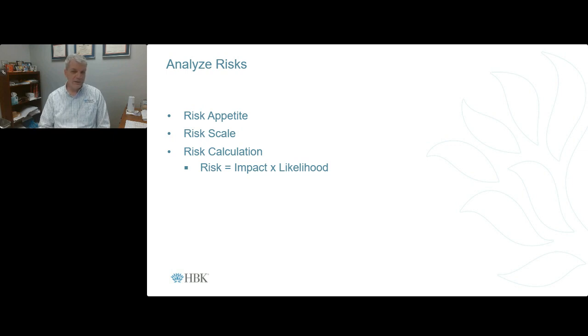So maybe the likelihood is very remote. On your risk assessment, you can have the business impacted by a tornado, and the impact might be a 3 on a scale of 1 to 3, but the likelihood is a 1, so you just work things through that type of function.